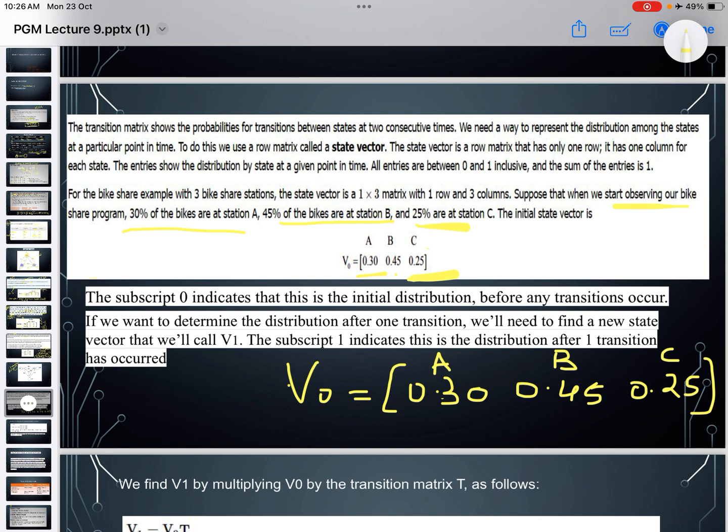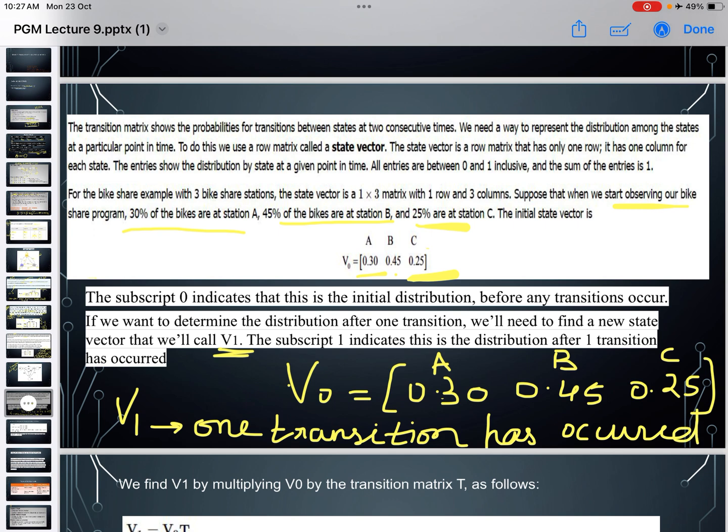If we want to determine the distribution after one transition, we will need to find a new state vector and call it V1. The subscript 1 indicates this is the distribution after one transition has occurred. So what is V1? V1 means one transition has occurred.